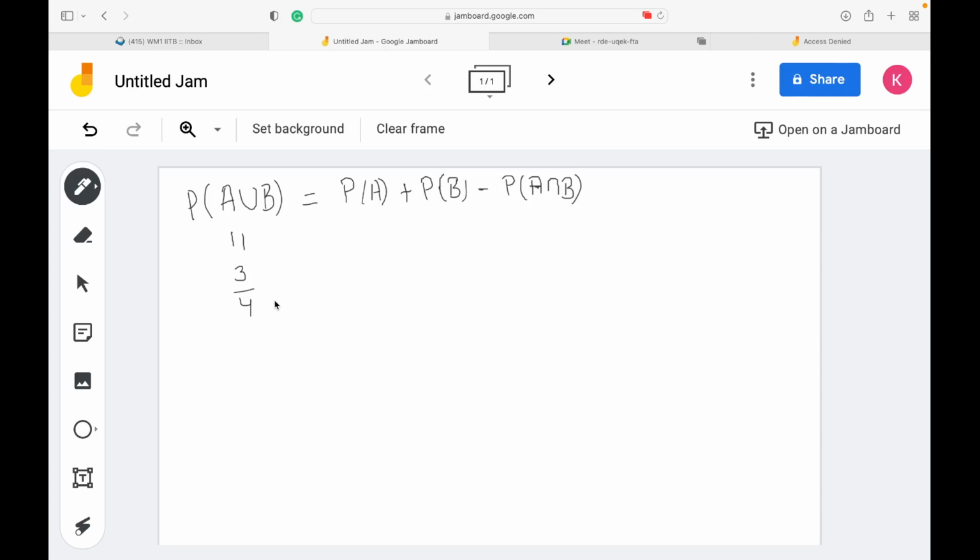So this is greater than 3 by 4, this whole term is also greater than 3 by 4.